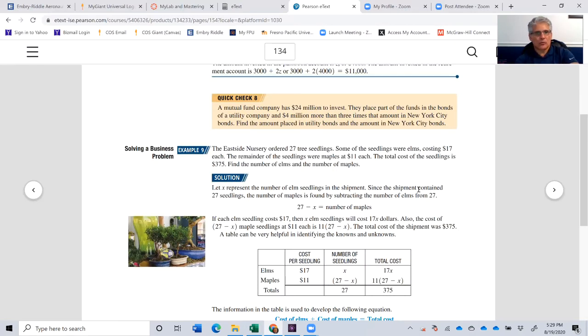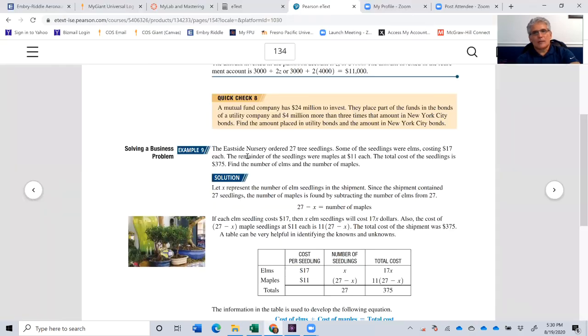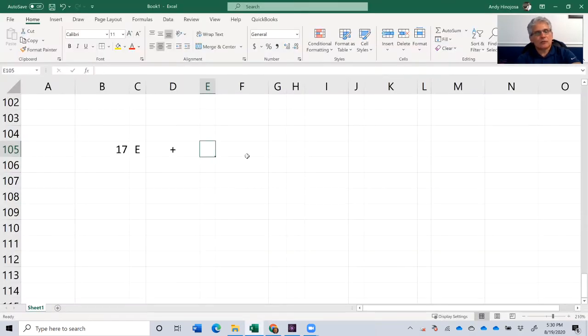That's the number of elms. And then we're going to add to that maples. They cost $11 each. So $11 times M gives us a number, which we don't know yet.